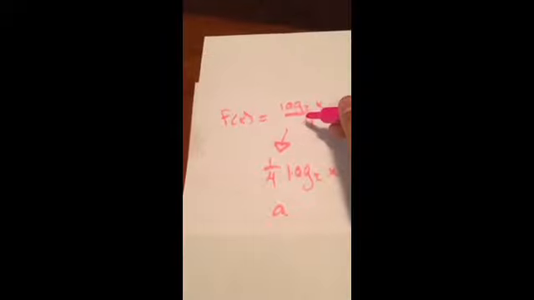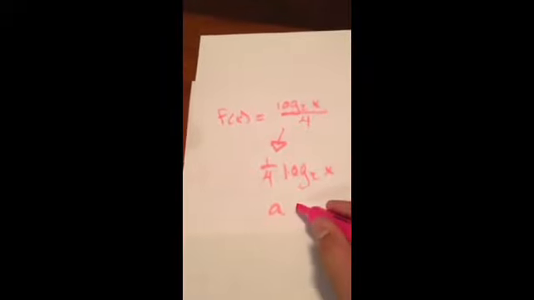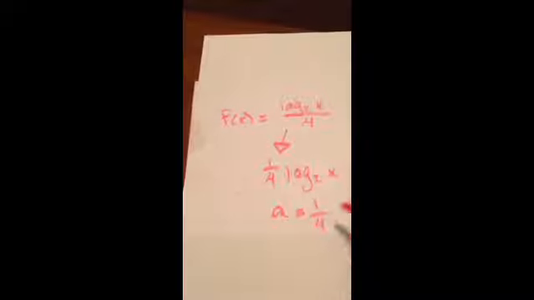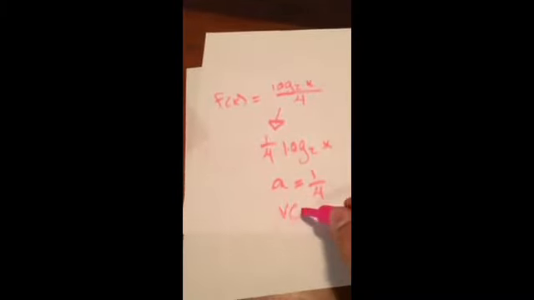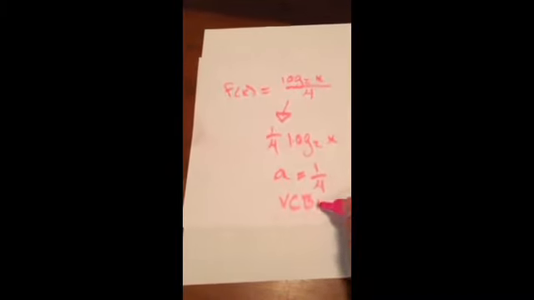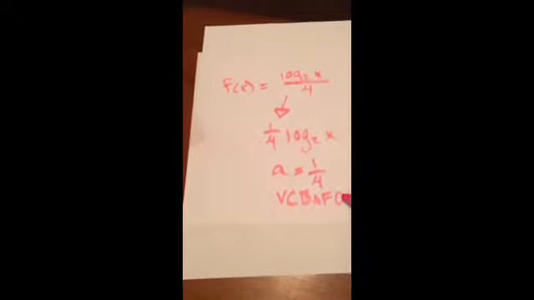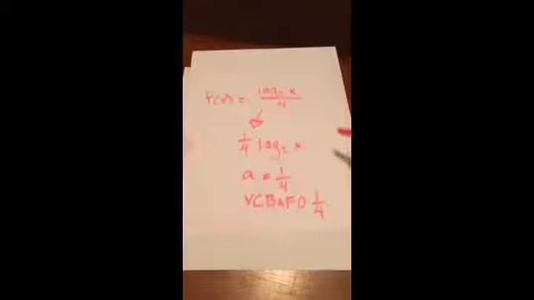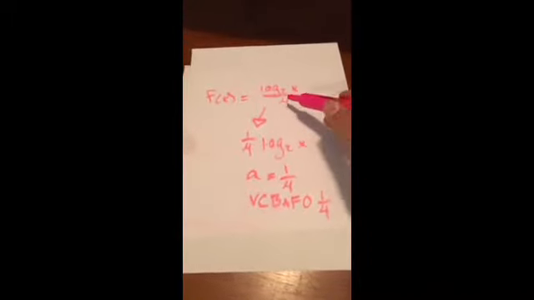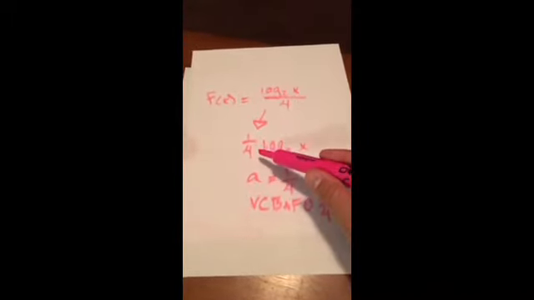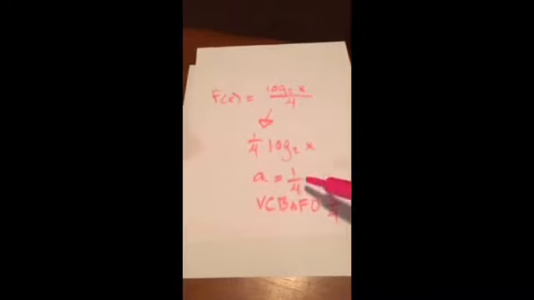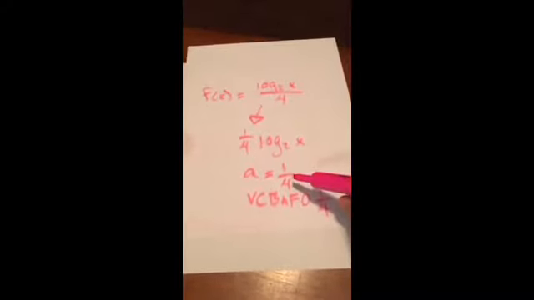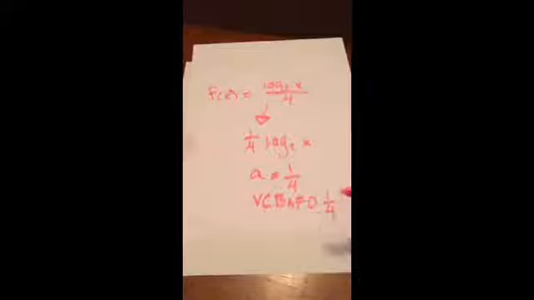So the a value here and the a value here are both 1/4, which is going to be a vertical compression by a factor of 1/4. Whenever it's over a number, that's the same thing as being multiplied by a fraction. If it's being multiplied by a fraction, that's an absolute value less than 1. So that's a vertical compression.